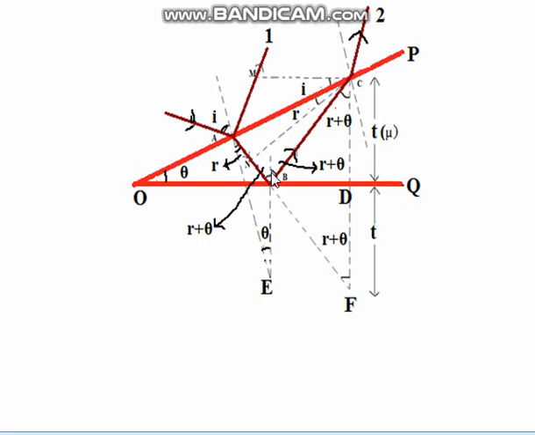Now see here again, this angle is r plus theta. Here you can see in the figure the triangle CBF.